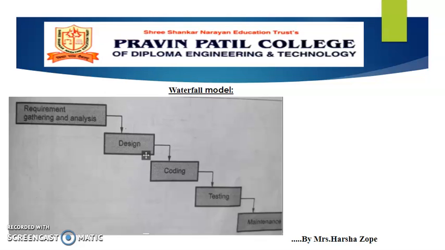If some changes are made at some phases, it may cause confusion. The requirement analysis is done initially and sometimes it is not possible to state all the requirements explicitly at the beginning. This is also one of the disadvantages of the waterfall model.